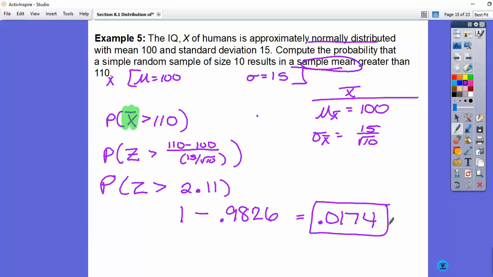So the only new piece here is if I'm talking about the sample means, you have to find the mean and standard deviation for that. Then you're doing it like the normal problems from the last chapter. Any questions there?